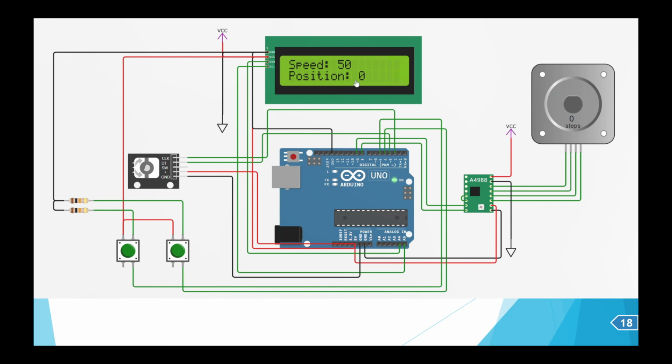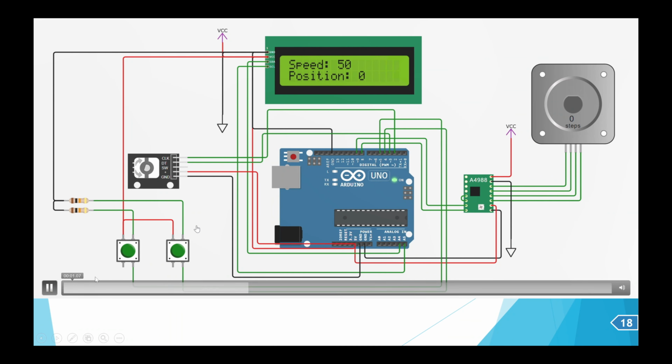The speed is controlled by the rotary encoder, and the position 0 is controlled by these two push button switches. Means the two push button switches are used to control the position or the shaft position in the clockwise direction as well as the anti-clockwise direction. The position is nothing but the steps of the stepper motor.